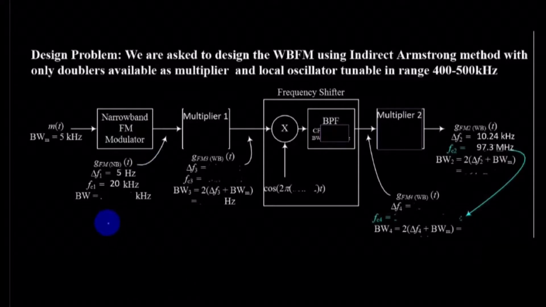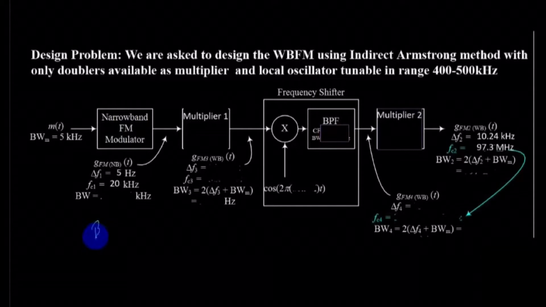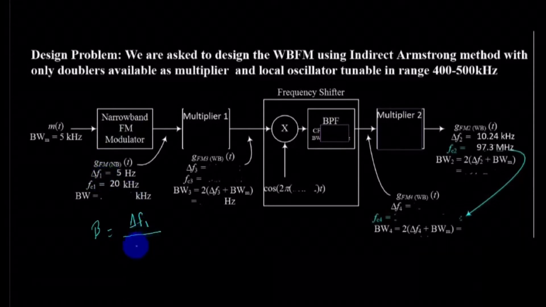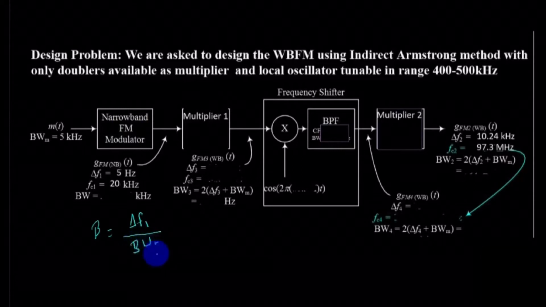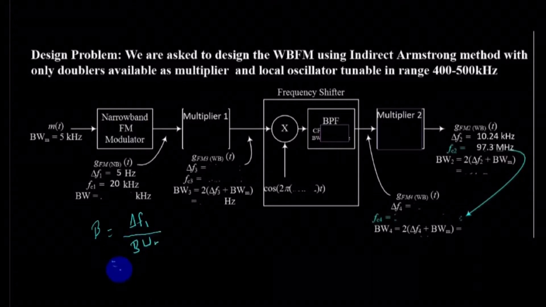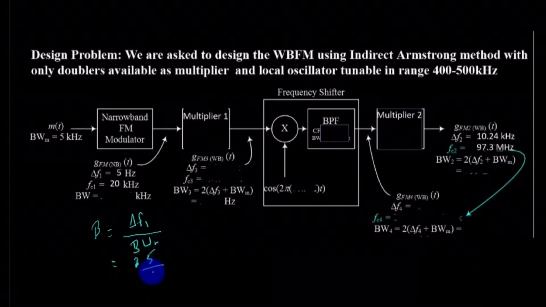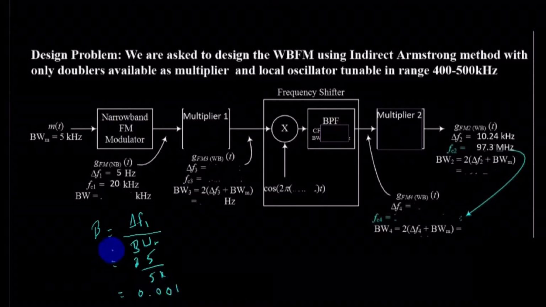We know that the modulation index beta is equal to the frequency deviation over the bandwidth of the message signal. Over here it would be delta f1 by the bandwidth of the message signal, so this is simply 5 hertz by 5 kilohertz, and that simply is 0.001.